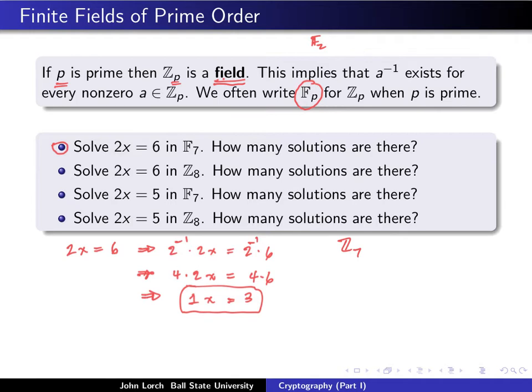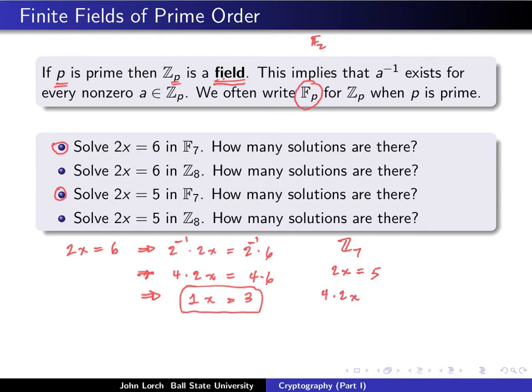Now let's remain within Z7 and solve the equation 2x equals 5. So there, again, we have 2x equals 5. We multiply both sides by 2 inverse, which is the same as multiplying both sides by 4, right?